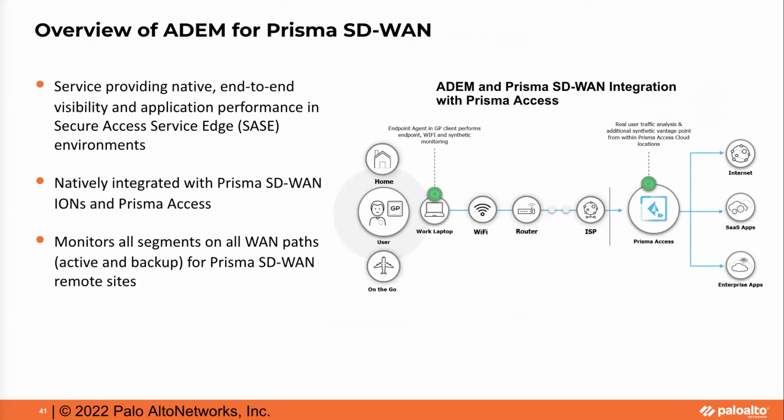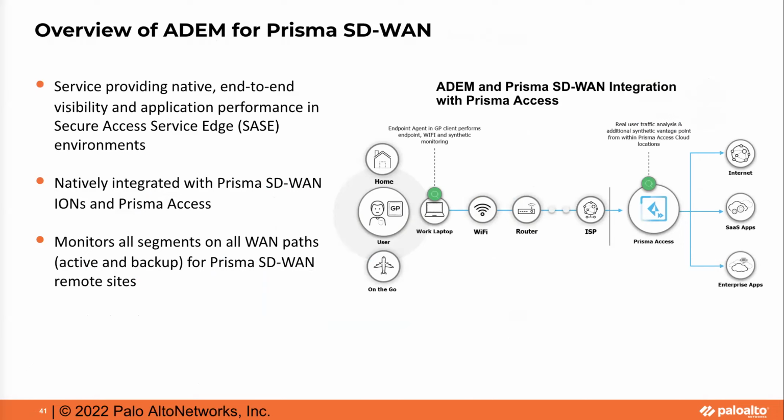ADEM is a service that provides native end-to-end visibility of application performance in your SASE environment. This functionality is natively integrated into Prisma SD-WAN IONs and Prisma Access. As I mentioned, it does not require you to deploy any additional appliance.